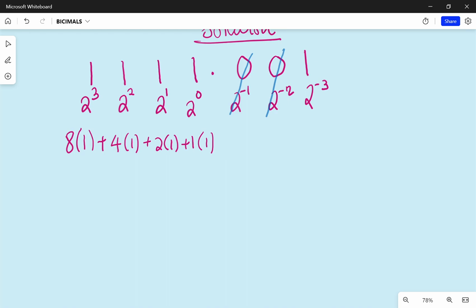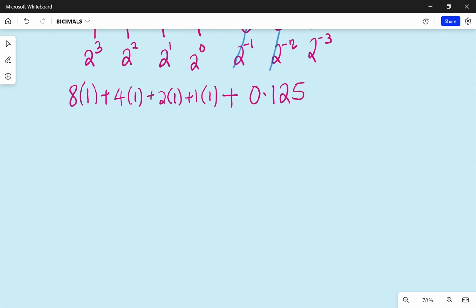Now this decimal point I'll treat as a plus. So plus, now this is 0.5. 2 to negative 1 is 0.5. 2 to negative 2 is 0.25. 2 to negative 3 is 0.125.